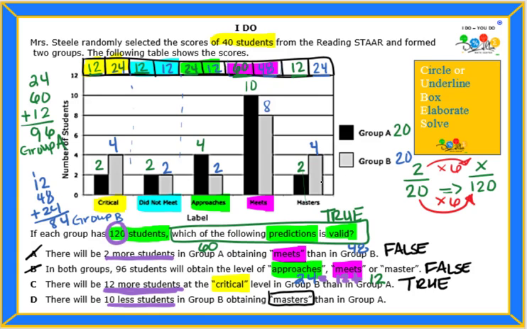For group B, masters was 24, and in group A, masters was 12. Is 24 10 less than 12? First of all, is 24 less than 12? That's not true, so it's definitely not 10 less than 12. So D is out, and the correct answer is C.